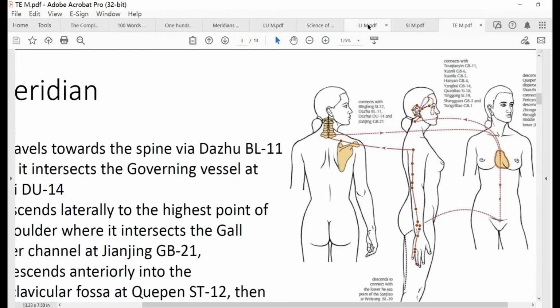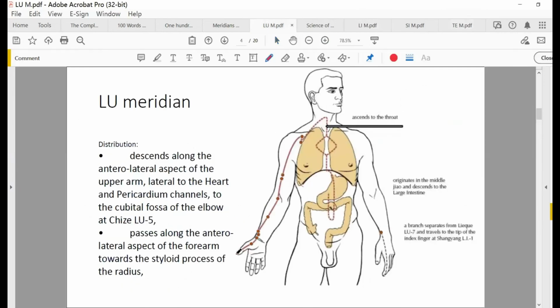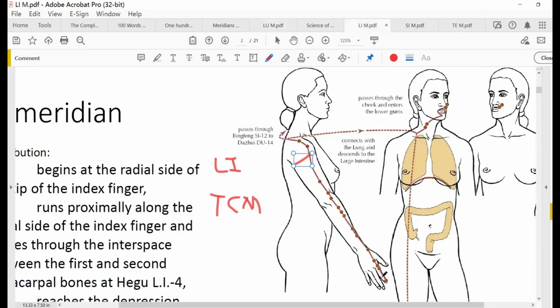Let's take a look at the first circuit. That's lung and large intestine, right? Lung here, and the large intestine is here. That means the lung meridian is just on the opposite side of the large intestine meridian.